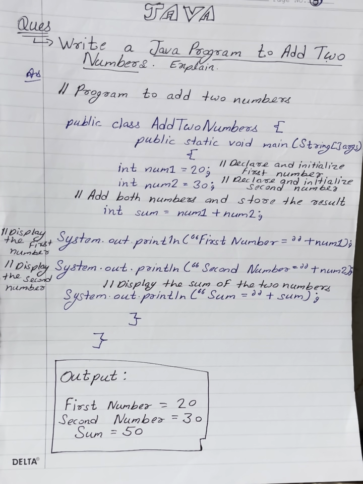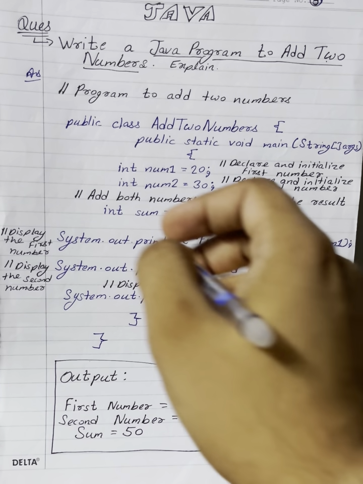And since num1 contains 20 and num2 contains 30, Java performs the calculation, which means 20 plus 30, which results in 50. As we know, it's a simple calculation. And this calculated value is then stored in the variable sum.